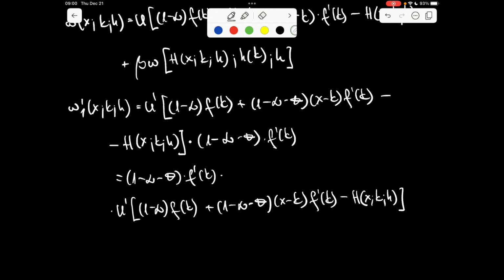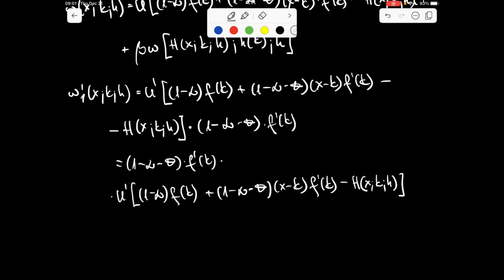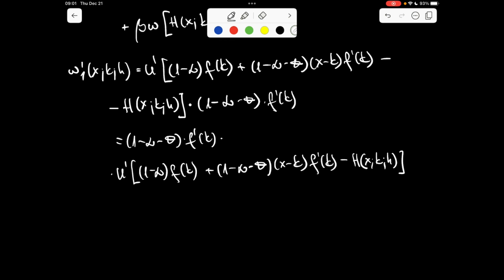And on the basis of the first order condition and the envelope condition, we can get to the Euler equation of the individual and the related transversality condition.